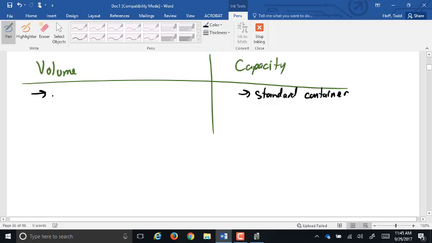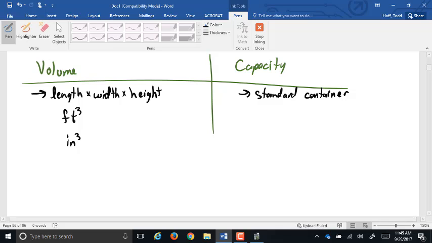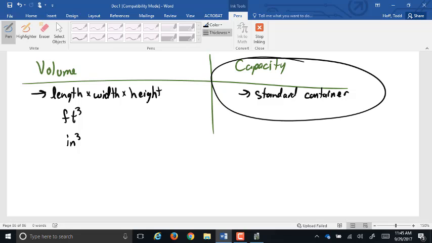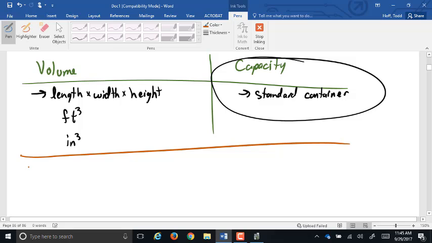Volume is a length times a width times the height. It's actually derived from length measurements. A volume might be a cubic foot or a cubic inch. Those are volumes. Gallons, quarts, all those things are capacities. So you hear a lot about volumes, and generally what they're referring to are capacities.